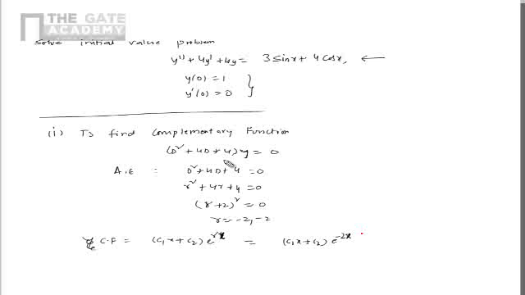Now let's find out the particular integral, because to find the particular integral you require some manipulation. I mean, you need to remember the formula. So particular integral is 1 by f of d into X, which is nothing but 1 by d square plus 4d plus 4 into 3 sin x. Okay, let me separate it. So d square plus 4d plus 4 cos x.